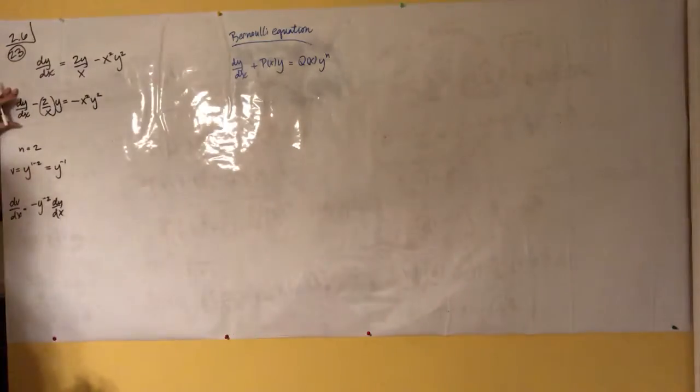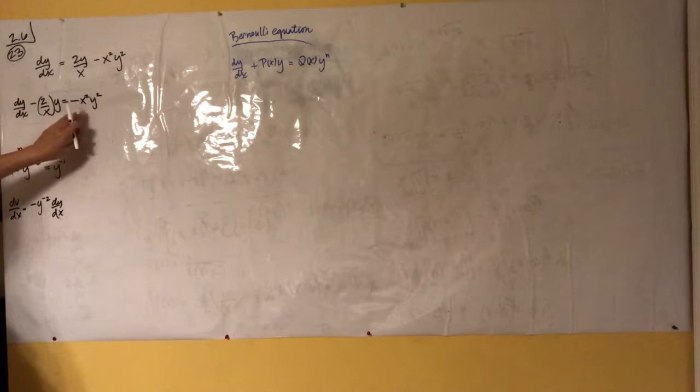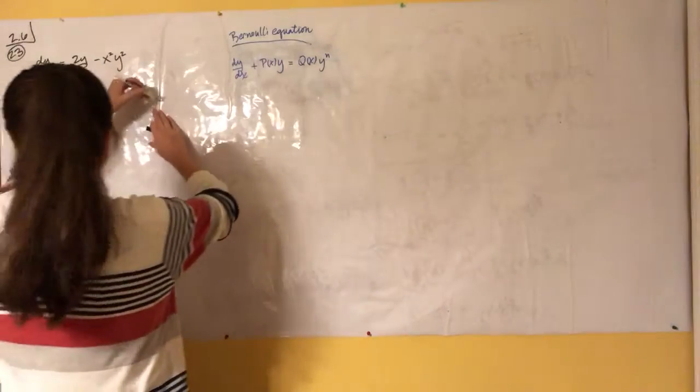So what you want to do with this now is you want to divide everything by y squared, right? So you can get rid of it on this side.